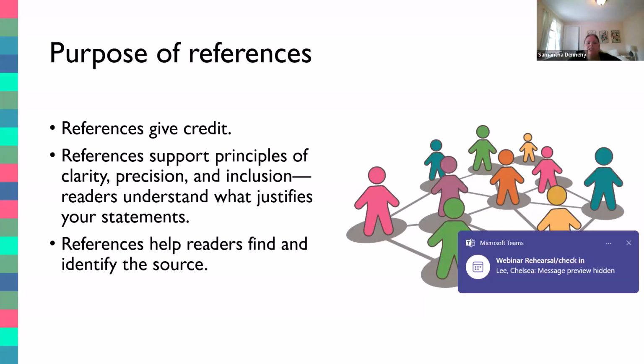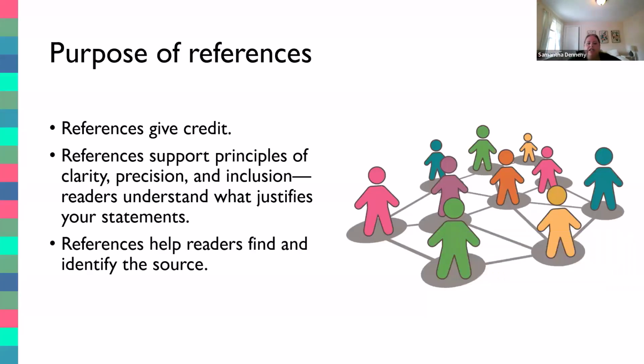It also supports the principles of clarity, precision, and inclusion, so a reader can understand what justifies your statements, and it helps readers to find and identify the source. So when you write a reference, if you are providing the information that can help your readers find that source that you're talking about, you're already well on your way to creating a really fantastic citation.